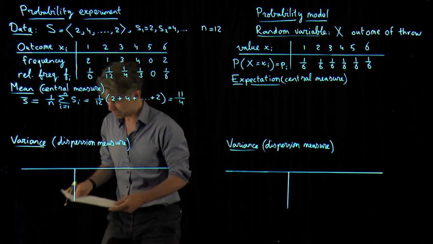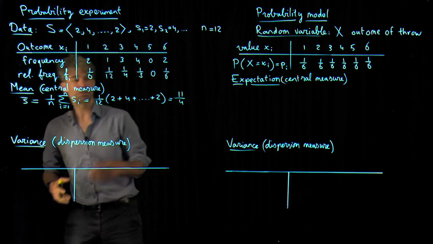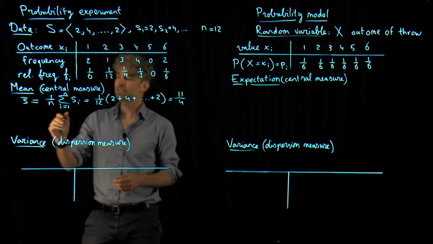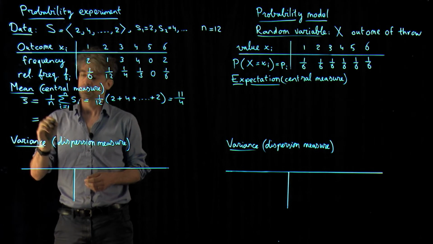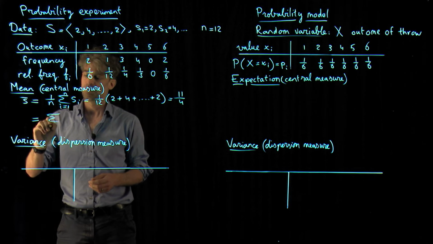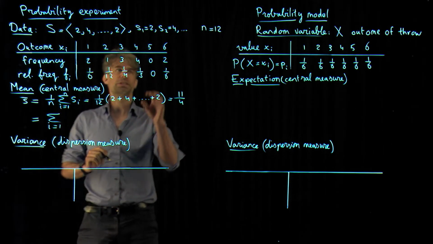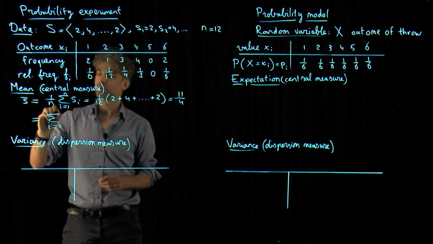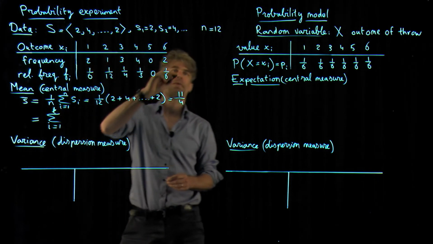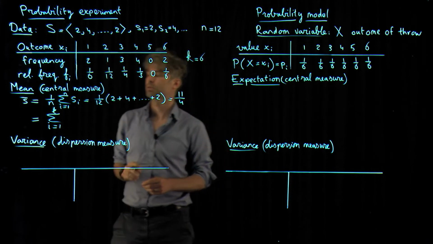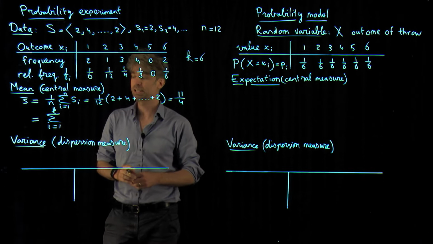Excellent. But there's yet another way to do this computation using only the relative frequencies. You take the sum again over i, but this time it runs from 1 to k, where k is the number of outcomes. So k is 6, I've got 6 different outcomes. They happen to be the numbers 1 to 6.